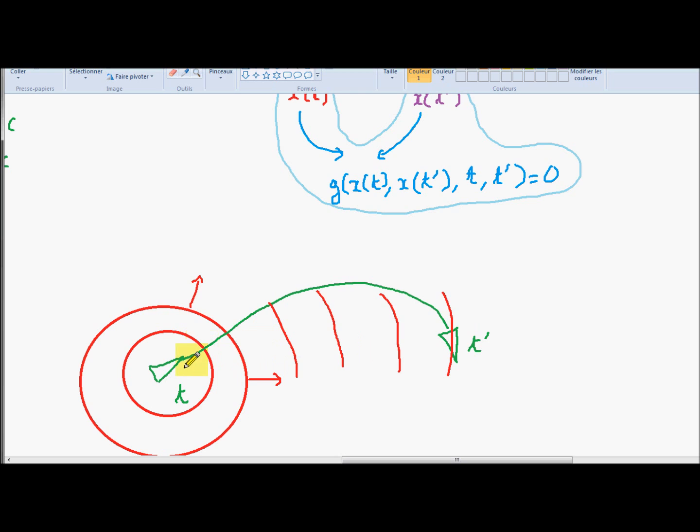And here the robot was, the state was x of t, whereas here it is x of t prime. So I can write an equation which links this and this.